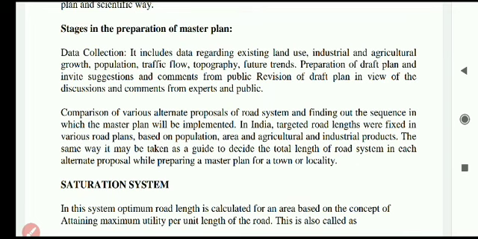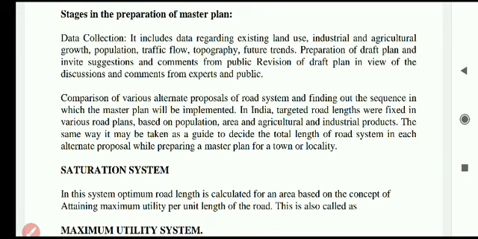Okay, and these drafts are discussed with the experts and the public, because the public are the beneficiaries. Without the involvement of the public we can't implement anything, because even the public can sometimes give very good suggestions, better than the experts, the planner or the designer. This master plan is very near to the public and is for their benefit, so feedback from the public is collected and it is very important.